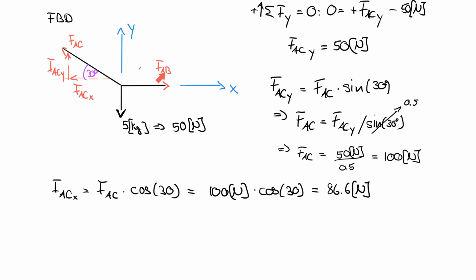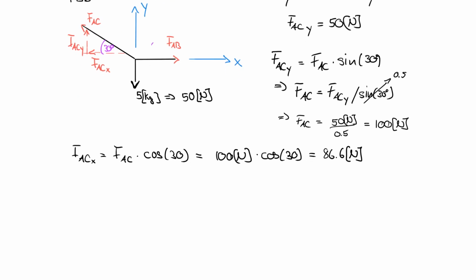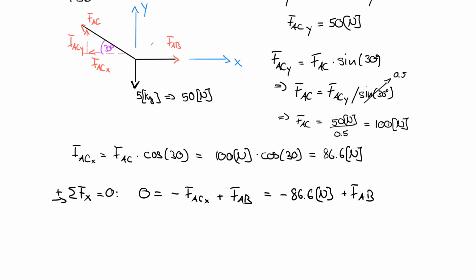And that has to balance FAB, which now, of course, as an engineer in the real world, I would have already answered this, but for the educational experience, I would write the sum of the forces in the x direction is equal to 0, positive to the right, and 0 is really equal to minus FACX plus FAB, and that would be equal to minus 86.6 Newton plus FAB, and therefore we know that FAB is really equal to 86.6 Newton.